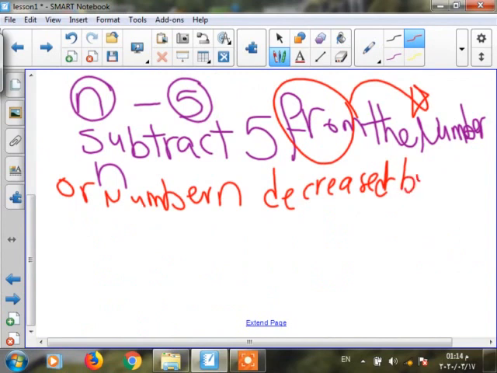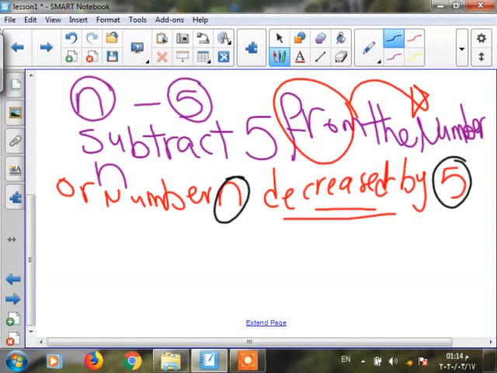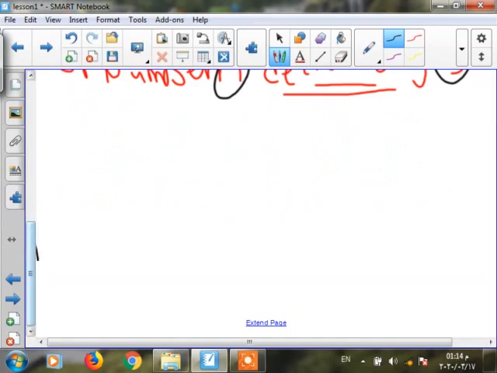We said decrease can be written in the same order: the first number n, and the second number 5. So it will be your homework.